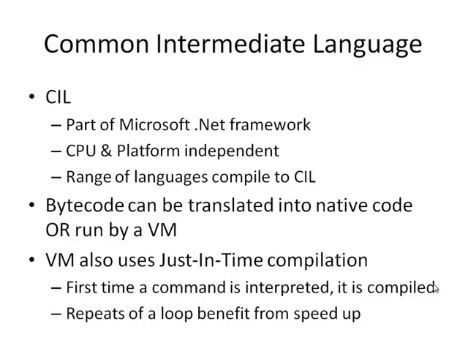Another example of intermediate compilation is with the Common Intermediate Language, CIL, which is part of Microsoft's .NET framework. It's CPU and platform independent, and there's a range of languages that can compile to CIL. The key example, or one of the best examples for CIL, is with C# and XNA.